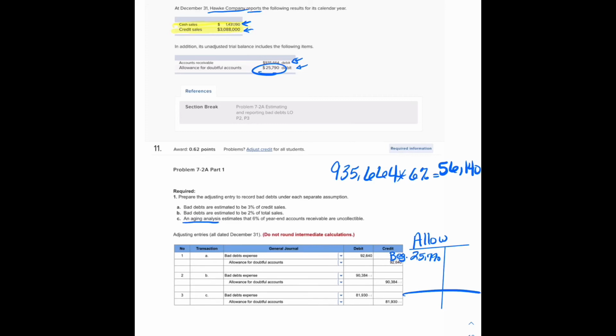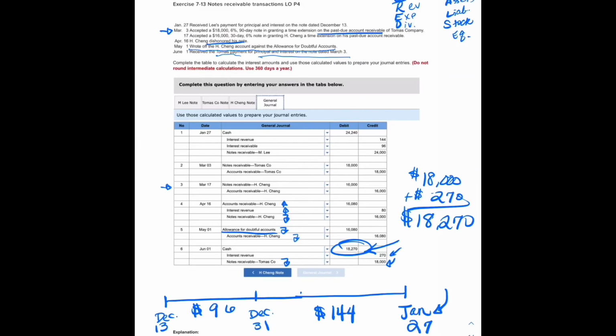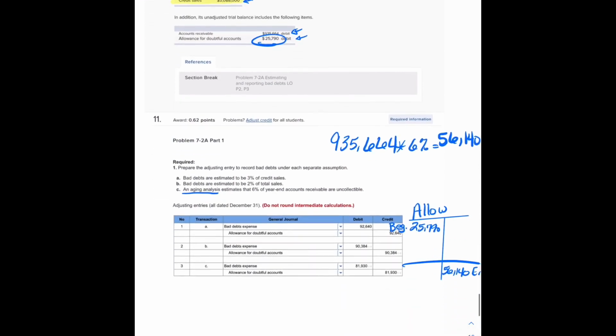You now need your ending balance to be $56,140, and just for completeness, we will include what else could land in this on the debit side if you had any write-offs, and on the credit side, this is where we'll put our current year bad debt expense number.